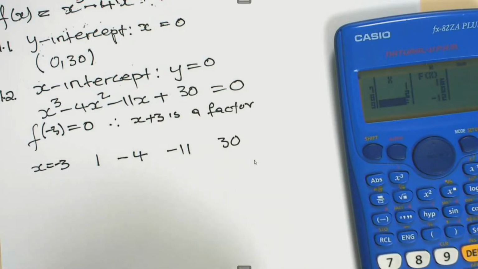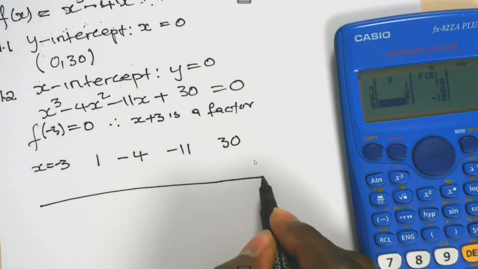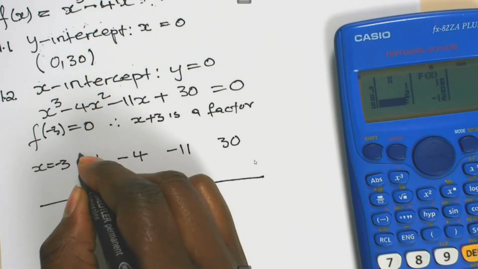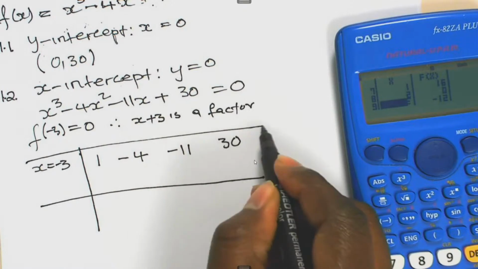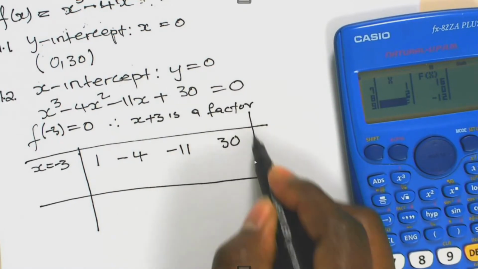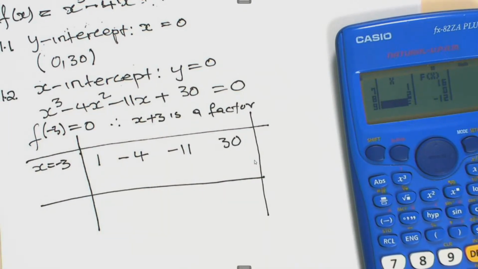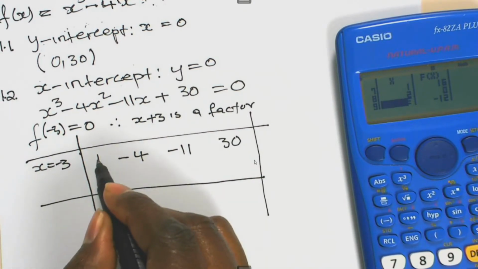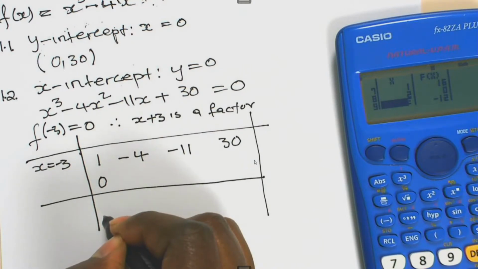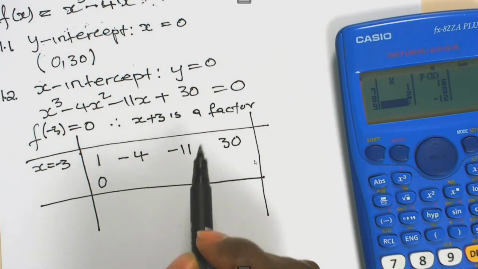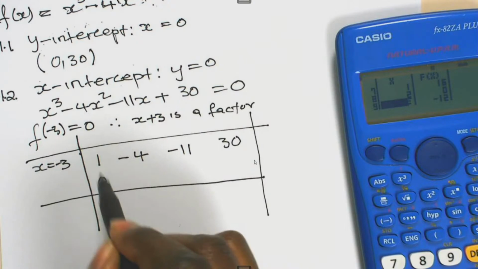From there, I'm going to draw what I normally call a gate. This is my gate. For this one, I'm going to write 0. What I normally tell my learners is that inside the gate, you add.